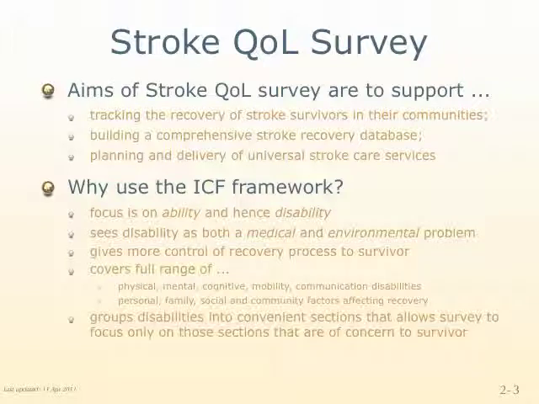It also groups disabilities into convenient sections that allow the Stroke Quality of Life Survey to focus only on those disabilities that are of concern to an individual stroke survivor.